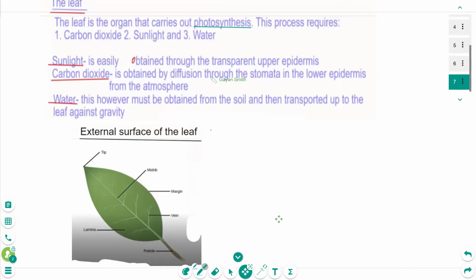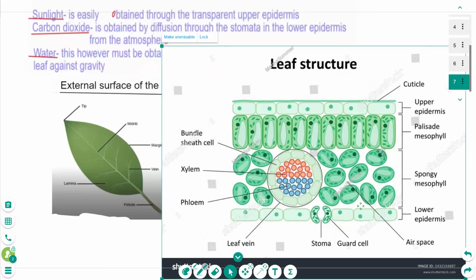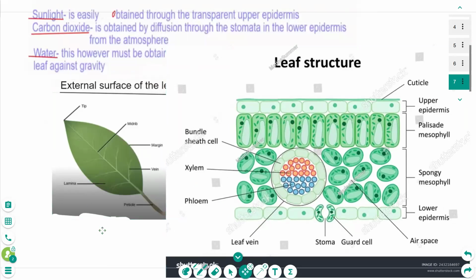As I said, don't worry about the external surface; you just need to be aware of it. The internal one has probably some watermarks on it, but we'll still work with it, because apparently I was supposed to pay for the diagram.